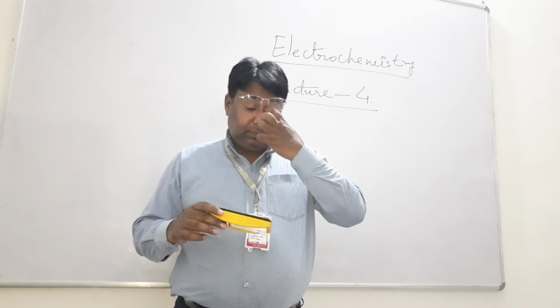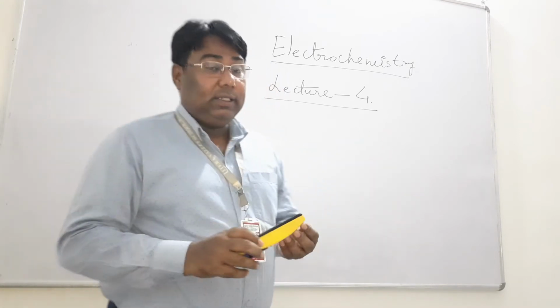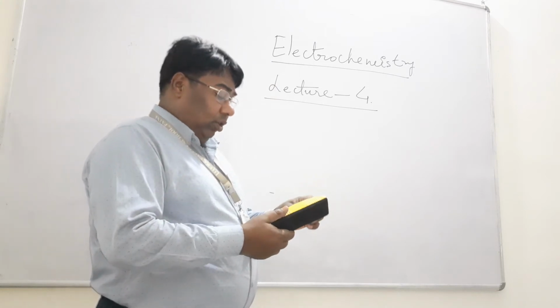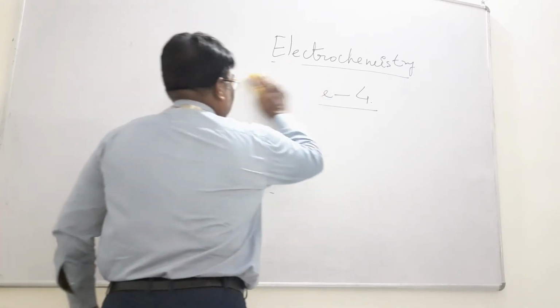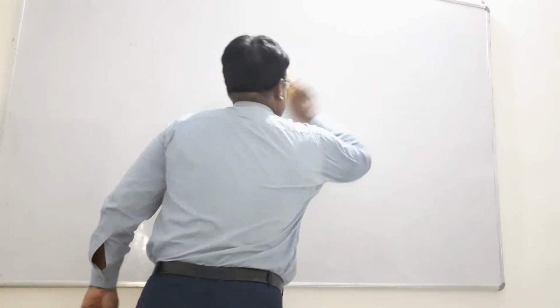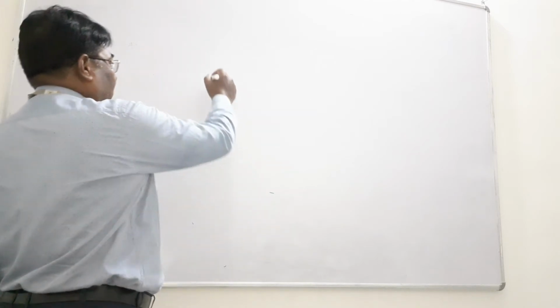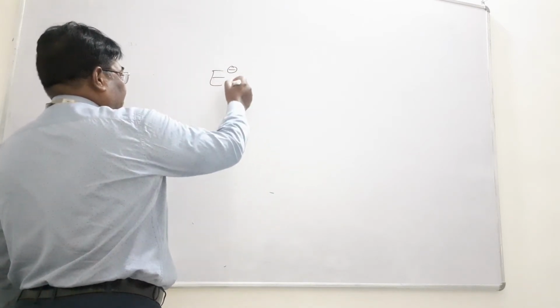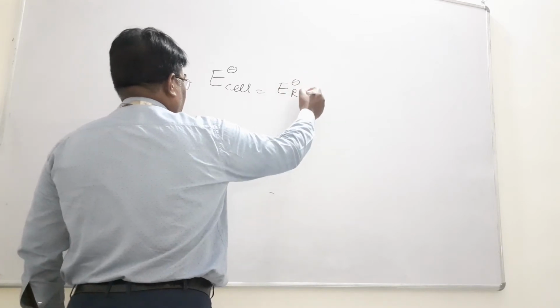The potential difference developed between the two half cells is known as E naught cell, the standard cell potential, equal to E naught red minus E naught ox.